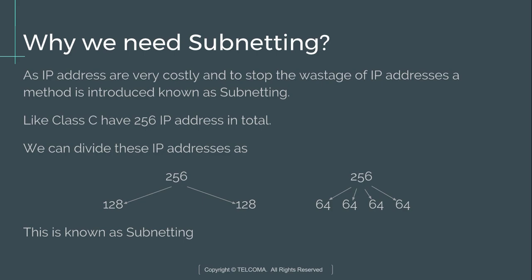Then each subnetwork must have 128 IP addresses in total. And if we want to make 4 subnetworks, then each subnet will have 64 IP addresses in total. So this is known as subnetting. Here we divide the particular IP address into 2 or 4, or according to our need, we can also divide into more networks.